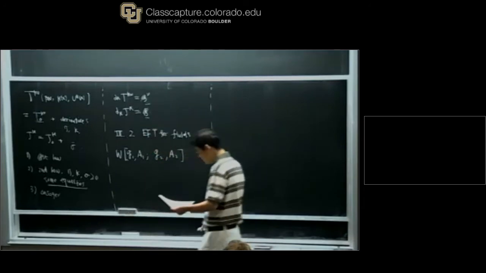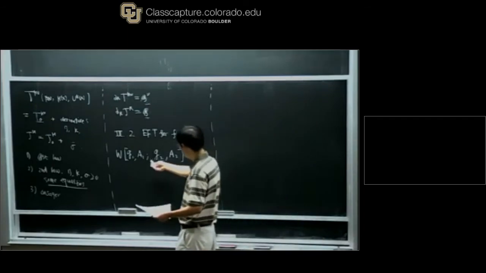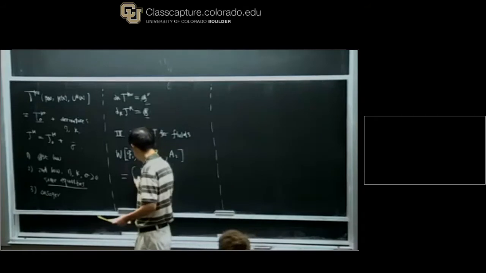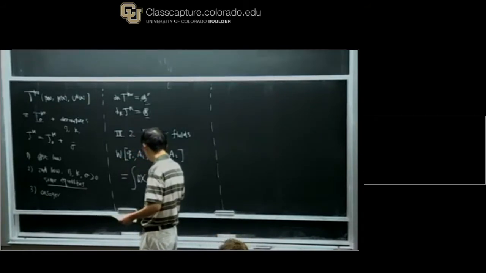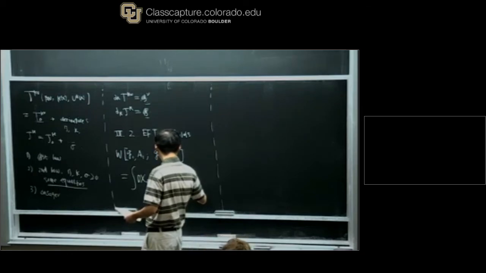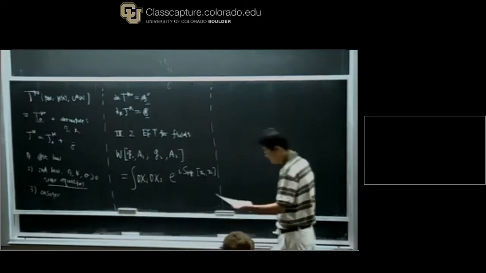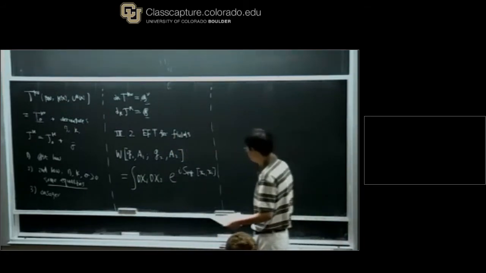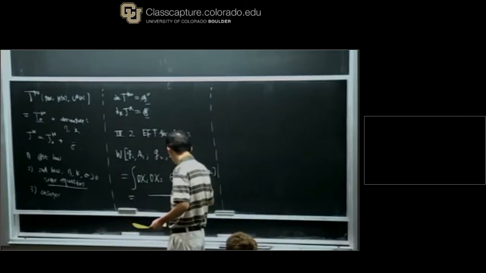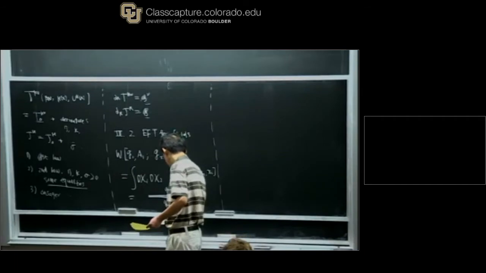This is the generating function that we are interested in, and we want to express it in terms of some slow variables and their effective action. Again, this just describes this contour, but now you have G1, A1 here, and G2, A2 here.